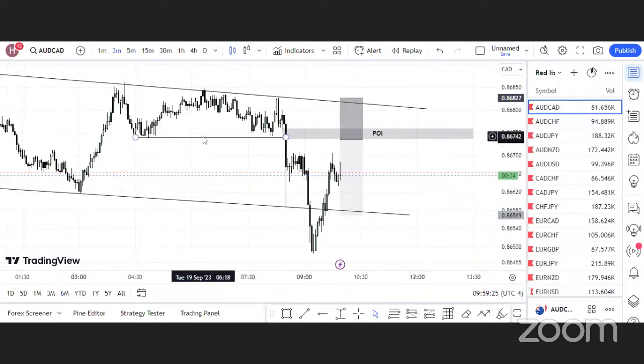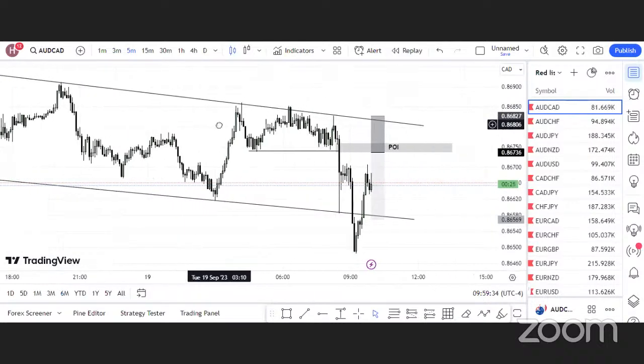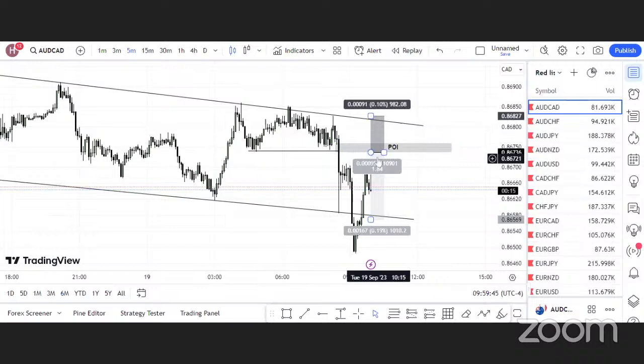This is our first analysis: the AUDCAD suggesting that the market is going to continue to go down. And then we have this small gap around this area on the lower time frame, where we are predicting that the market will start going down from.